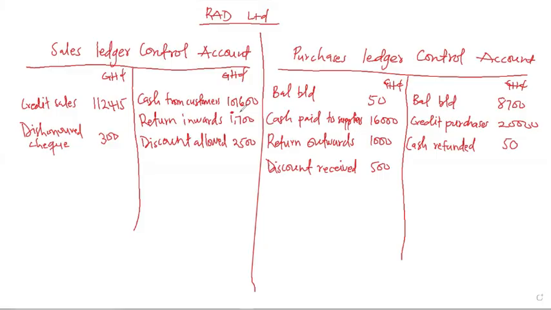When you are refunding cash to debtors or customers, the customer or the debtor is going to receive that cash because you, the company, are refunding money to the customer. So if you are refunding, it means the customer is going to what?